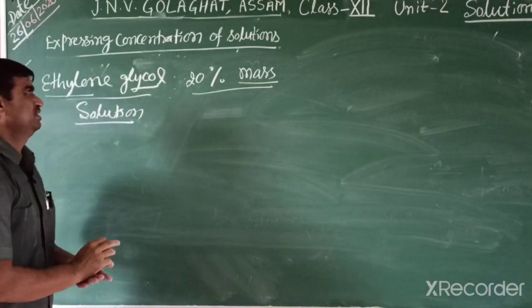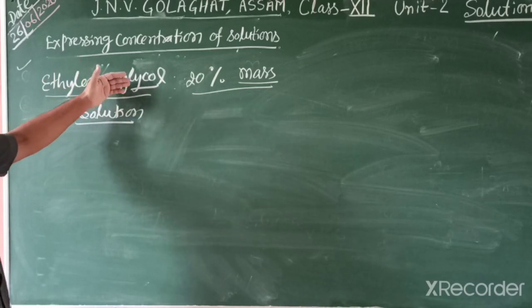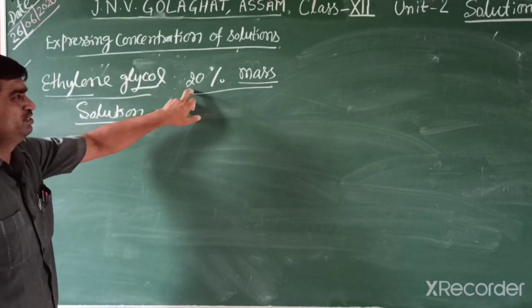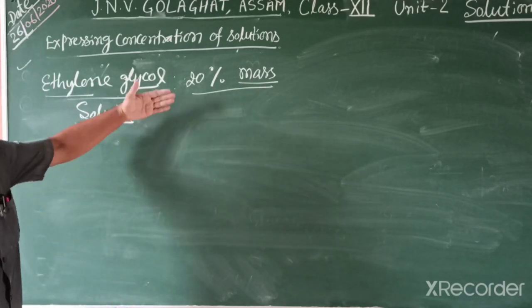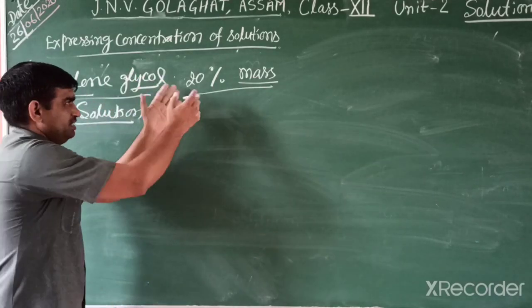Find out the mole fraction of ethylene glycol, and it is written only as 20% by mass. Then how can we identify? So at first we study what this 20% indicates.